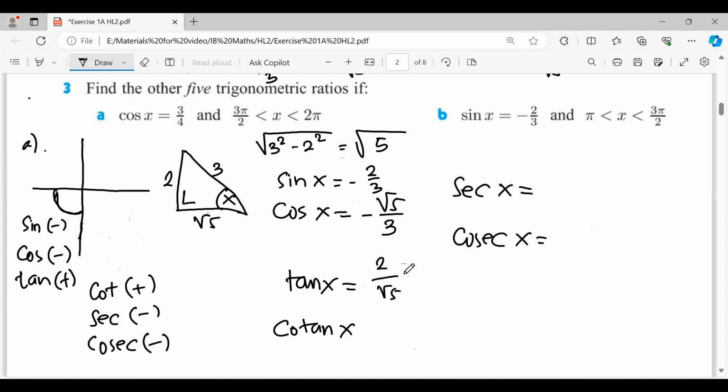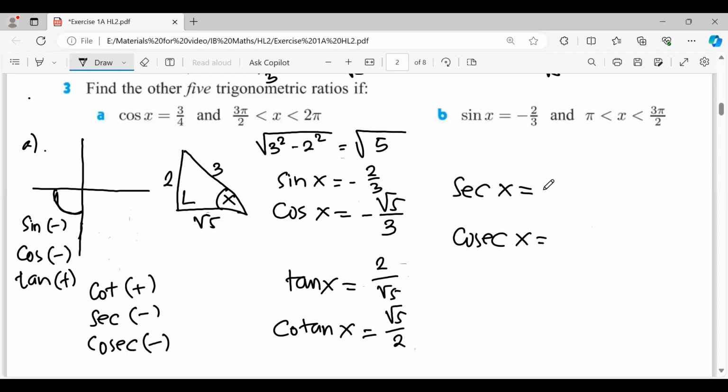Or you may simplify it, it becomes 2/5 root 5. Cotangent. Cotangent x is the opposite of tangent, and cotangent is positive, root 5 over 2.